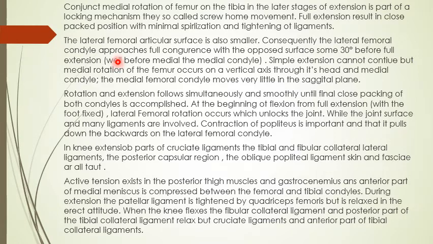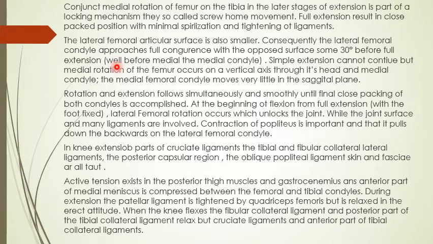So when 150 degrees of extension has been achieved, that is 30 degrees short, since normal extension is a 180 degree angle anteriorly and posteriorly, a straight line of femur and tibia. When from flexion we are doing the extension and 150 degrees is achieved, that is 180 minus 150, 30 degrees is left before the medial condyle completes.